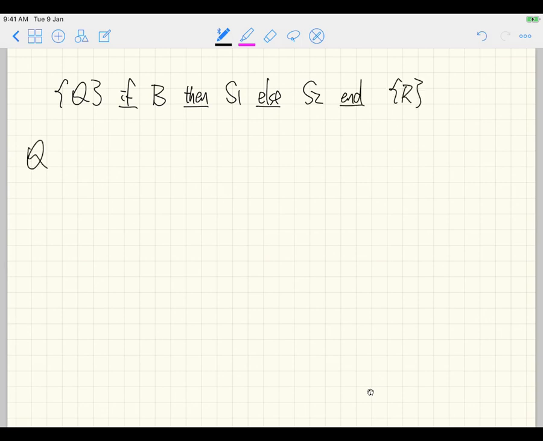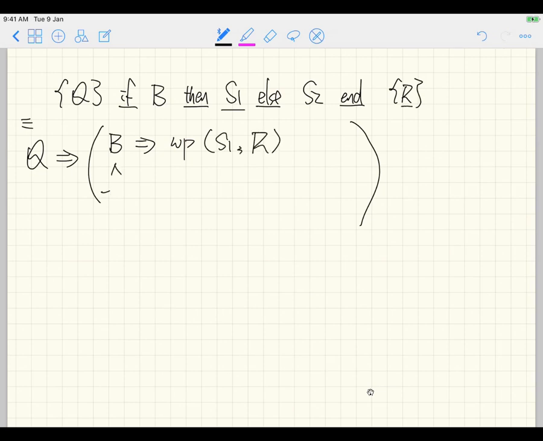What we want is that it will be true if and only if Q implies, let's get to the form you're comfortable with, the following: B implies the WP for the first branch, S1 to establish R, and not B, the second branch, the WP for S2 to establish R, all right?